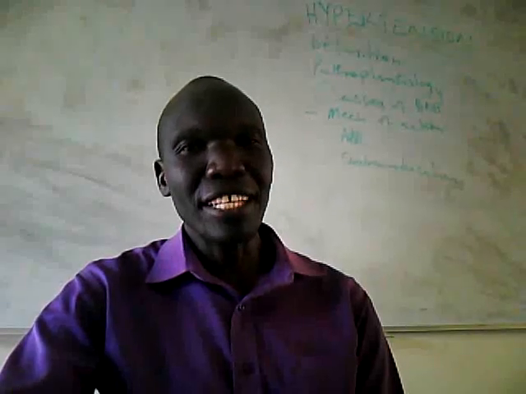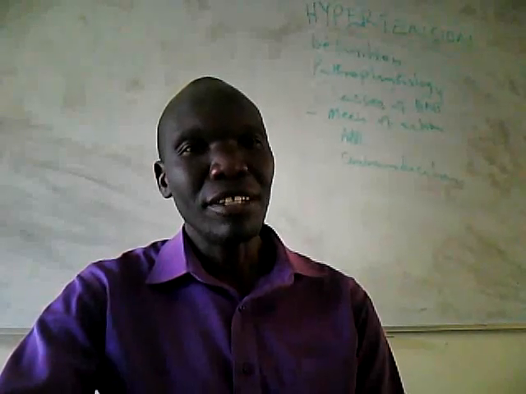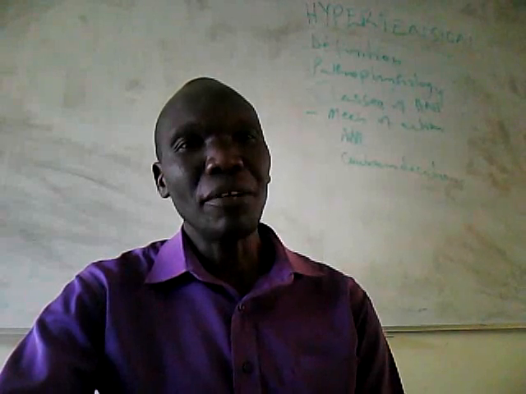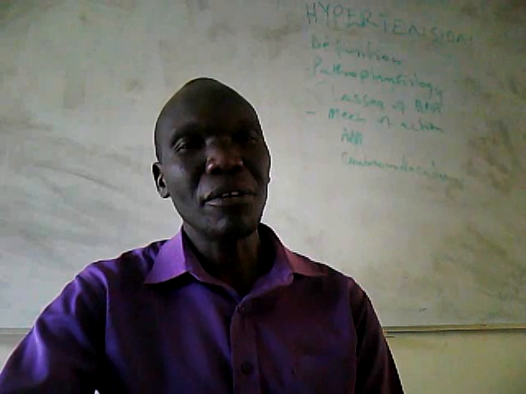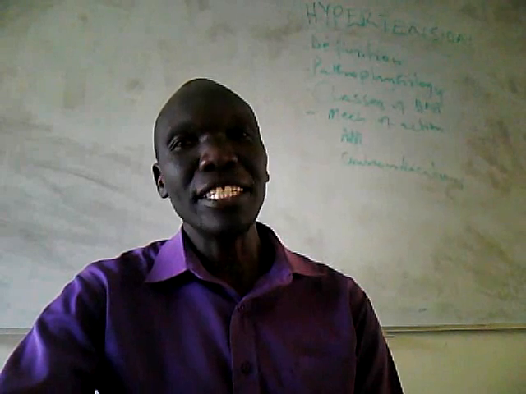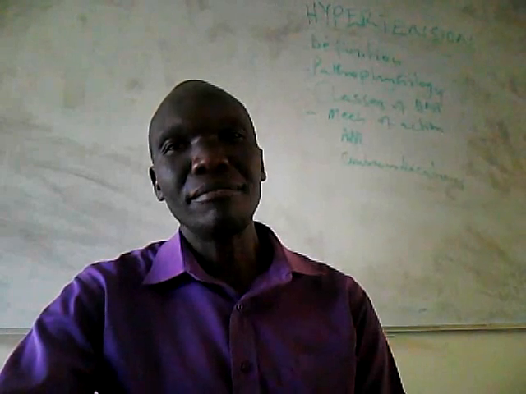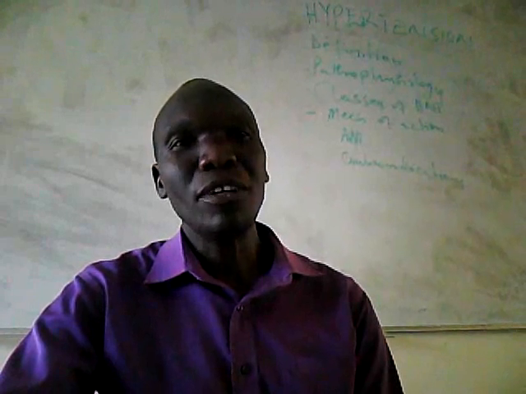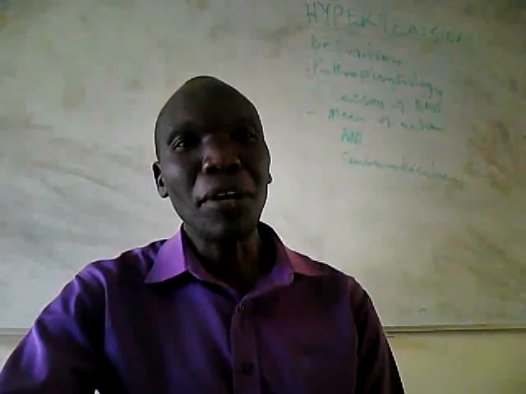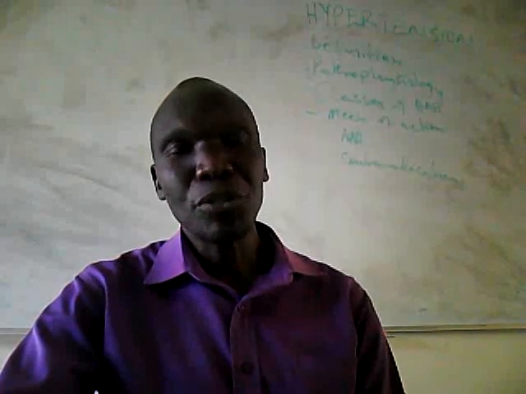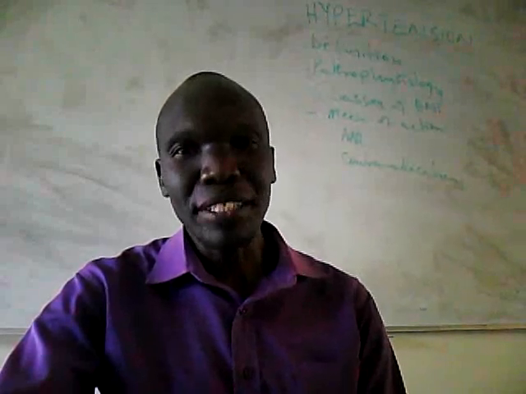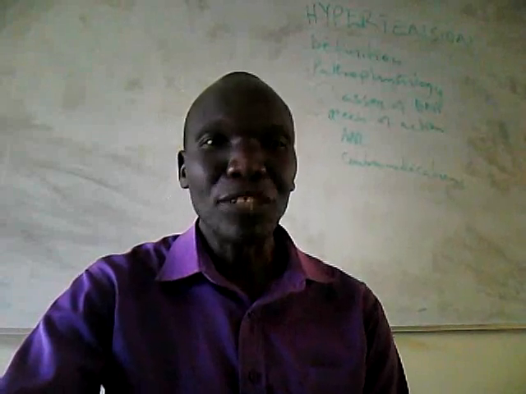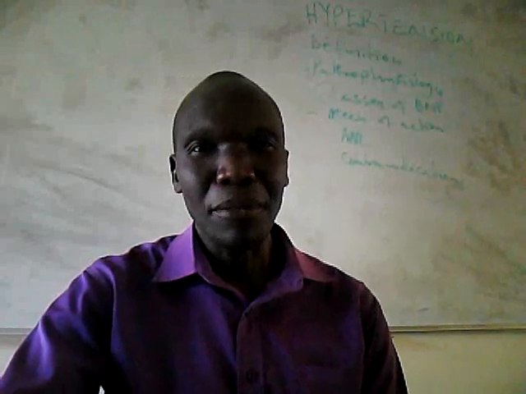So in many cases, there are ranges of normal blood pressure that we always take to be within the limit. But for the purpose of really knowing what is abnormal and what is normal, we should be able to get specific limits that will help us to know what is normal and what is abnormal.